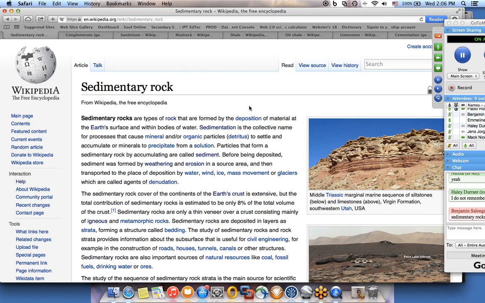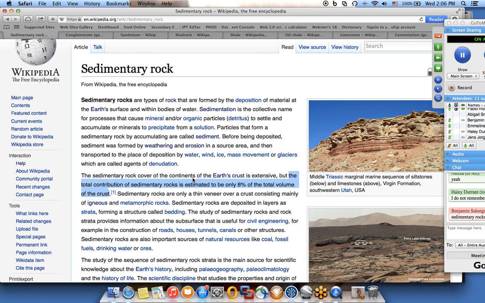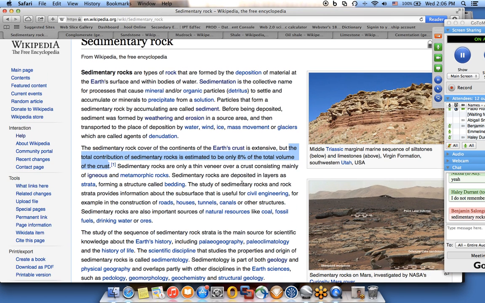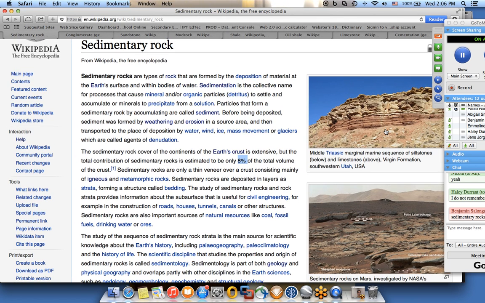Then you have sedimentary rocks, and in this article it says the total contribution of sedimentary rocks is estimated to be only 8% of the total volume of the crust. So sedimentary rocks are not that common. It's 8% only.